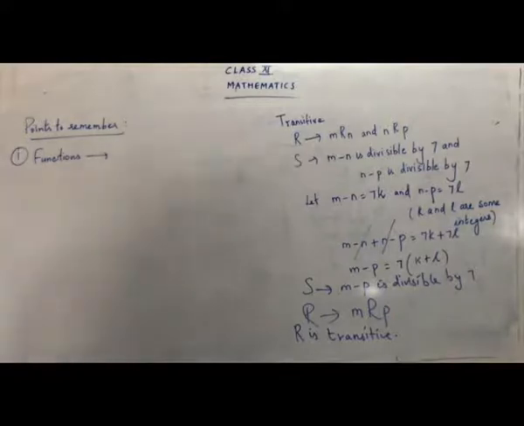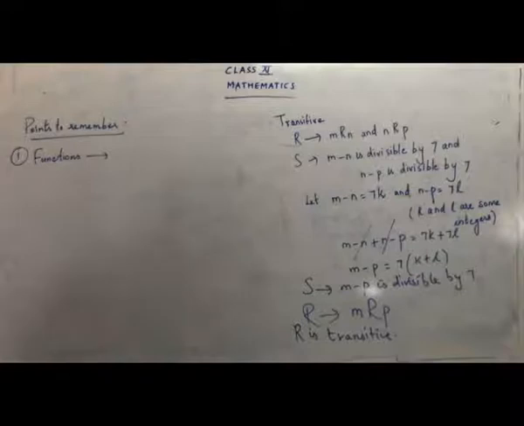You have read the whole definition. Let A and B be two sets. A relation from A to B, a subset of A cross B, is called a function from A to B if it satisfies the following. So two conditions are to be followed.